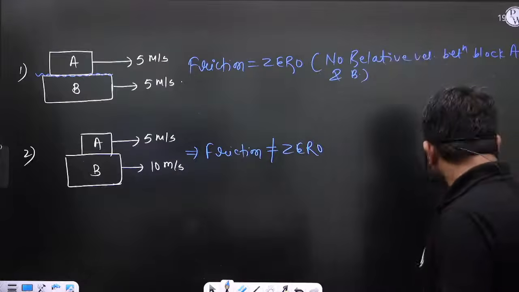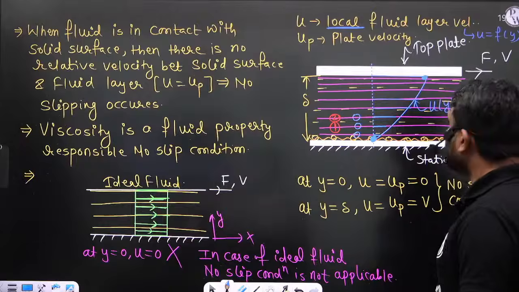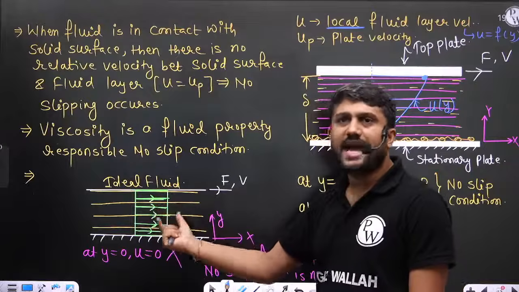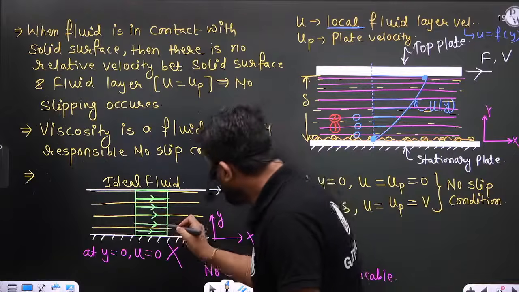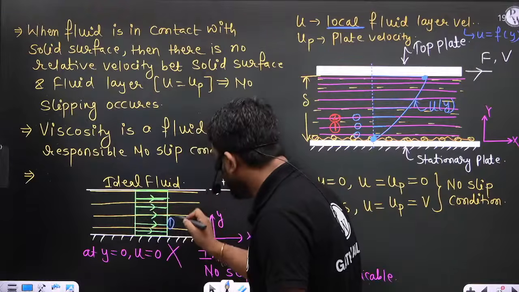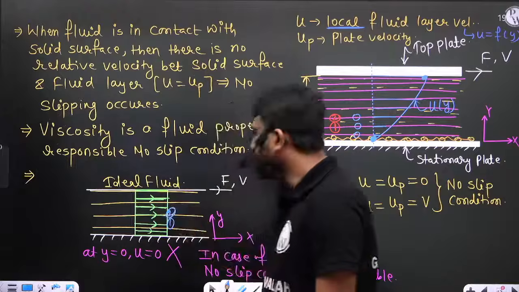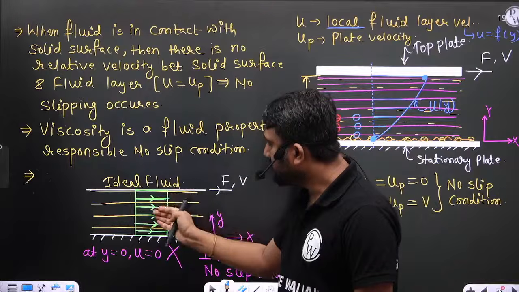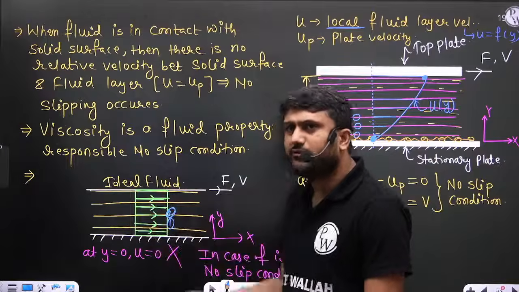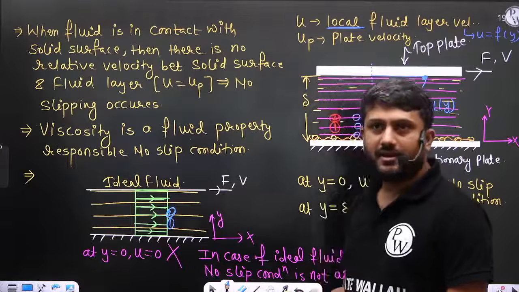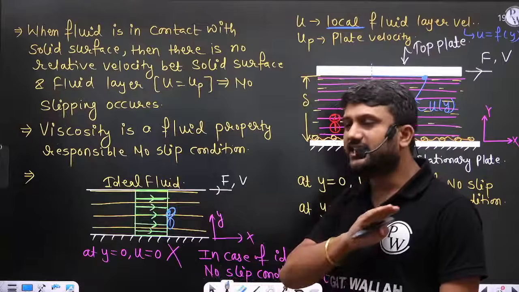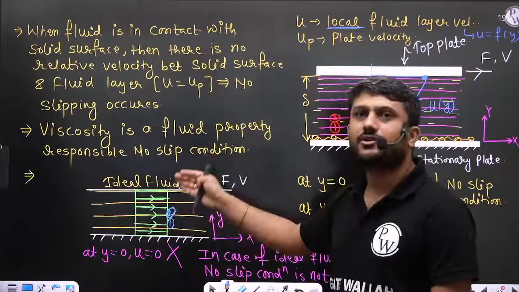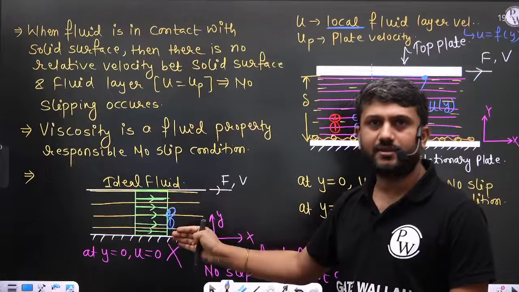Now, this is the same case. Whatever we discussed here, if we consider two layers in an ideal fluid, this is layer number 1 and this is layer number 2, and I ask you what is the friction force here? There is no friction force. This layer does not experience any friction force because there is no relative velocity.